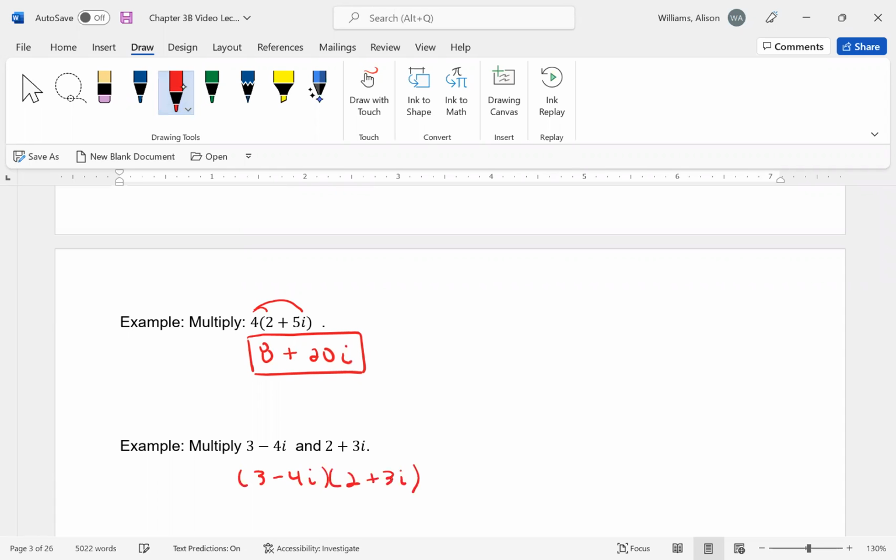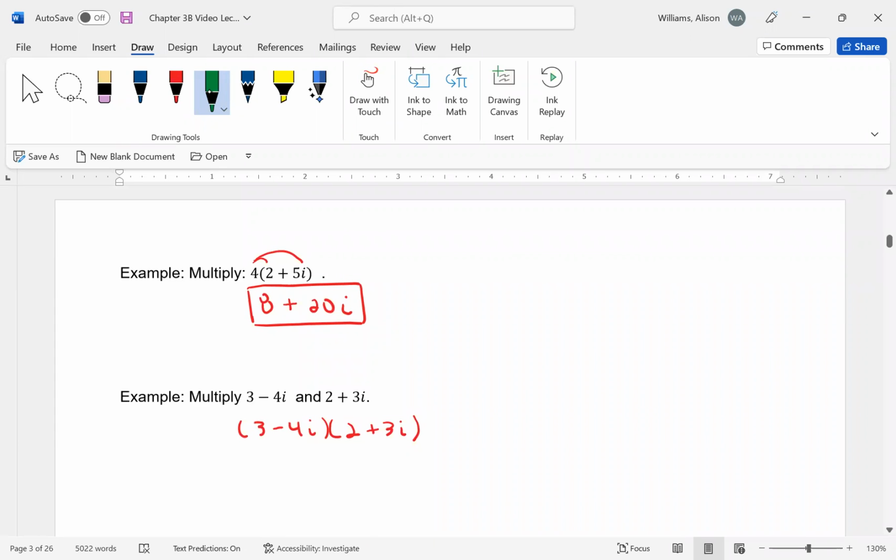Now here's where it's going to get fun. We're going to FOIL. And then we're going to actually have i squared, and we're going to see what happens. So we're going to distribute the 3 first, which is going to give me 6 plus 9i. Now I want to distribute the negative 4i, and that's going to give me negative 8i minus 12i squared.